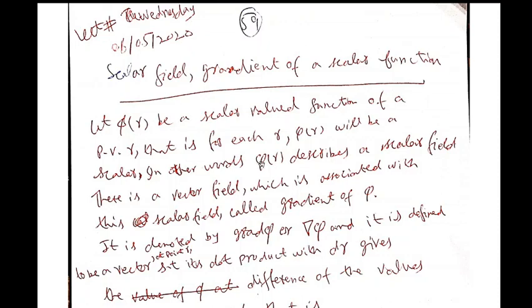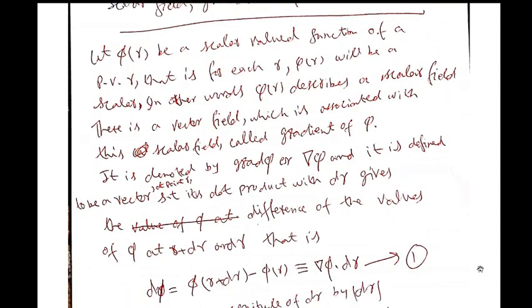Basically it is a field, scalar field. So how can we define this del phi? We will define del phi, then find its components, because it is a vector. It will have 3 components, so we will find those 3 components with the help of its definition.